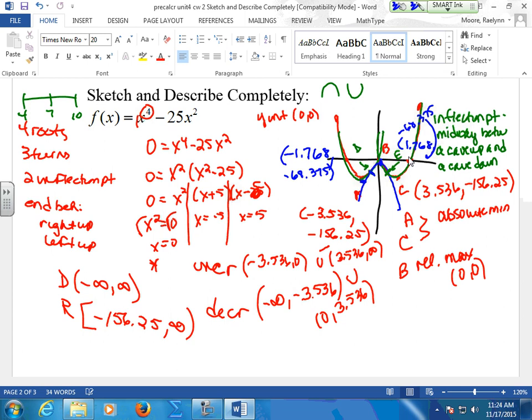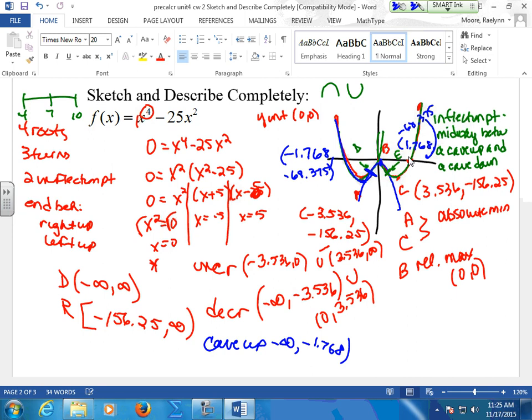We're almost there. Now, we're going to describe our concavity. We're going to say, I caved up, concave up. I made an upward cave, right? From negative infinity to this x value, to negative 1.768.